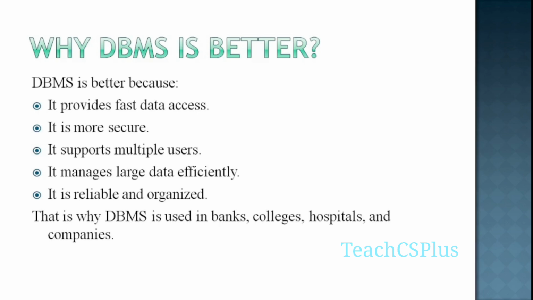It is more secure. It supports multiple users. Yes, multiple users can access it simultaneously. It manages large data efficiently. So storing a very large amount of data is very efficient using a database management system.